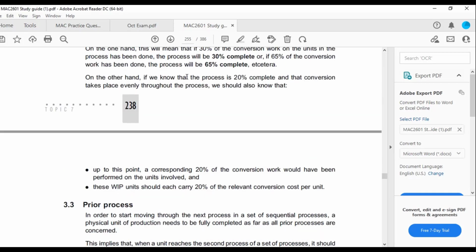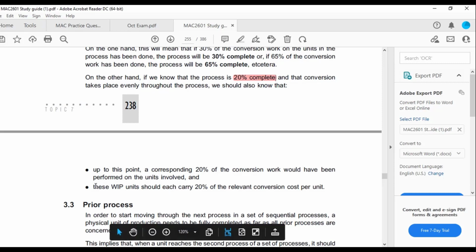On the other hand, we know that the process is 20% complete, and the conversion takes place evenly. We should also know that up to this point, a corresponding 20% of the conversion has been performed on the units involved. Therefore, these units should carry that cost per unit for the 20% portion.